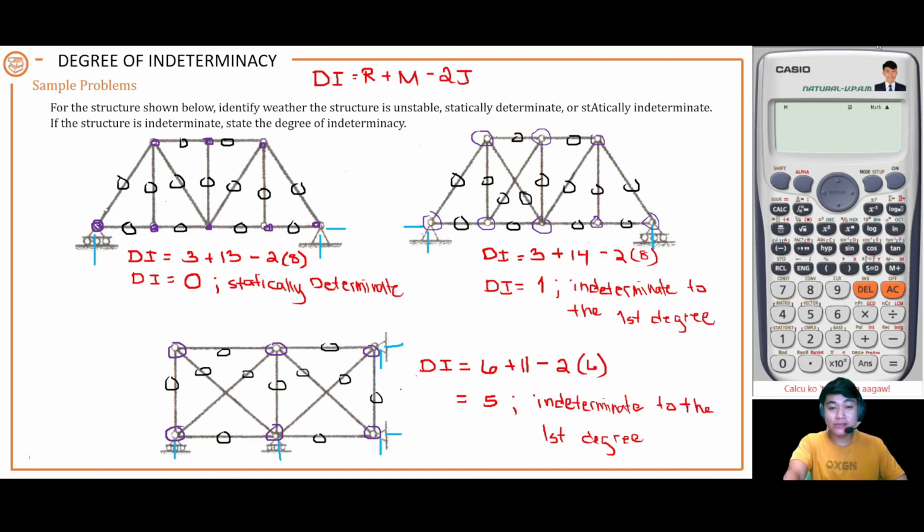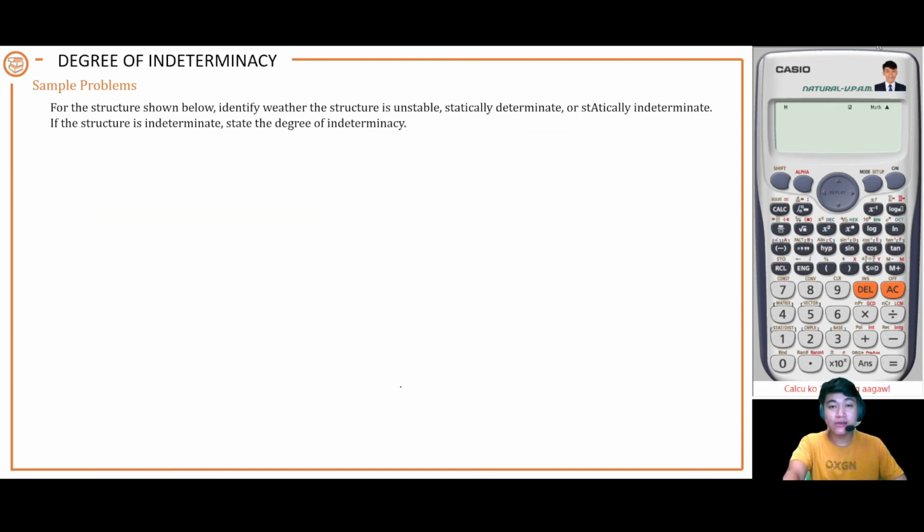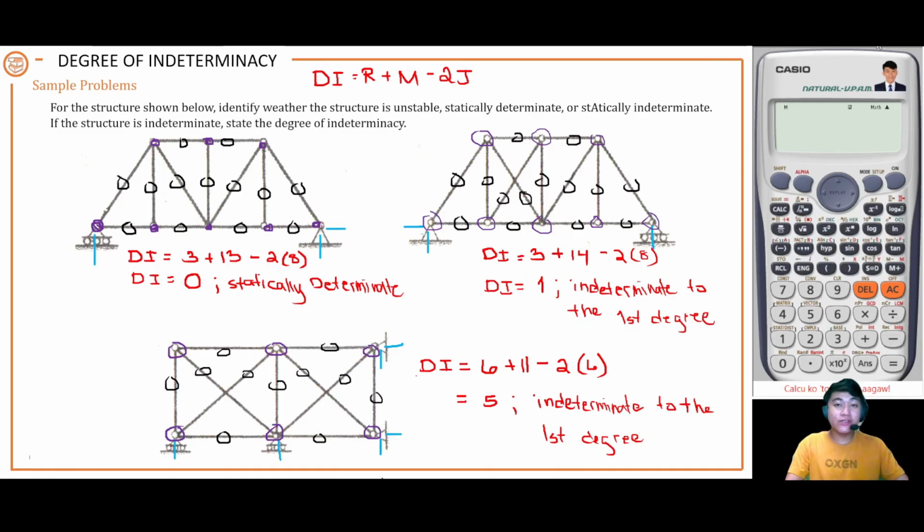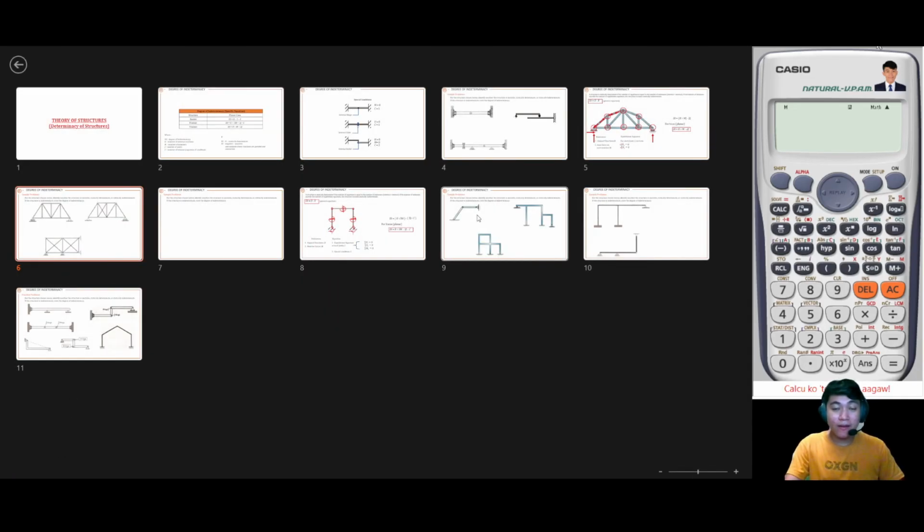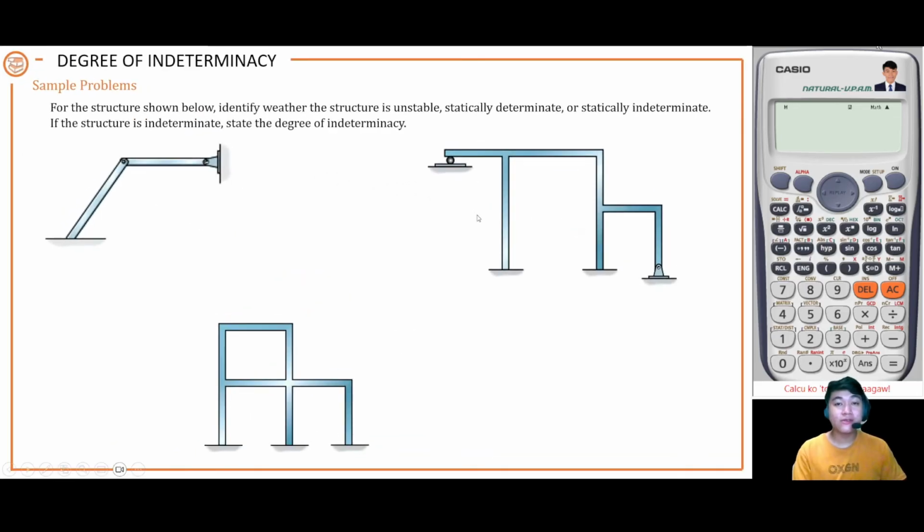Okay, so next is degree of indeterminacy for frames. For the structure shown below, identify whether the structure is unstable, determinate, or statically indeterminate. For frames, the degree of indeterminacy is R plus.